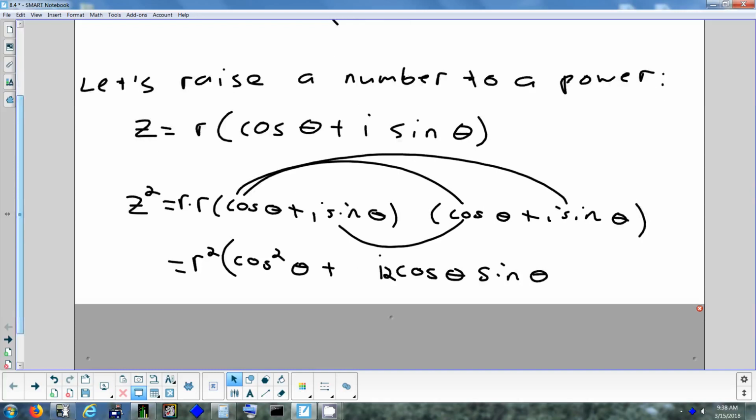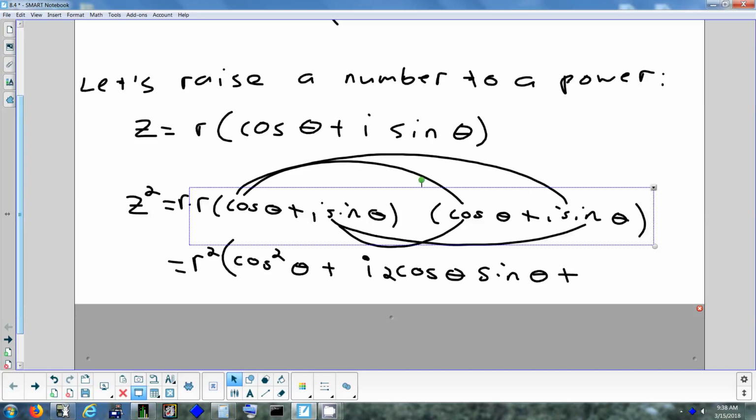So I have i times 2 cosine sine. As long as you get it all in there, the order you put it in doesn't really matter. Just to make that clear, that's an i. All right, so we have 2 of those. And then a positive times a positive is a positive. What's i times i?